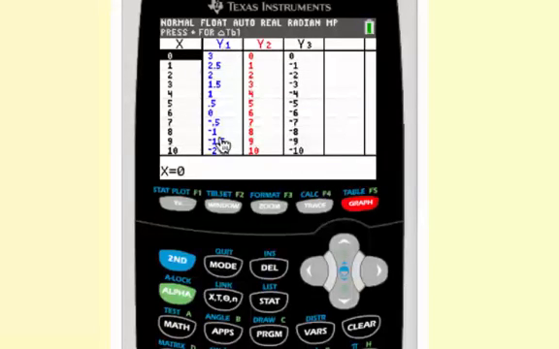I'm comparing the blue with the black here, or the y1 with the y3. Notice for the blue, the rate of change is negative 1/2, or negative 0.5, because you're decreasing by 0.5 each time. And for the black, you're decreasing by 1. So that means there's a vertical shrink to get from the black to the blue, and that shrink is by a factor of 1/2.